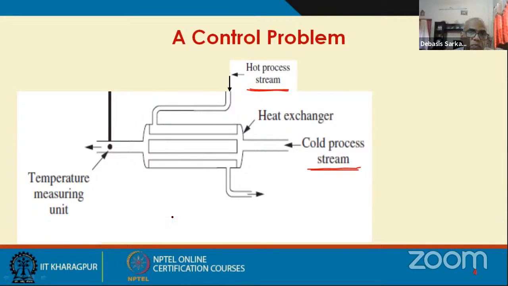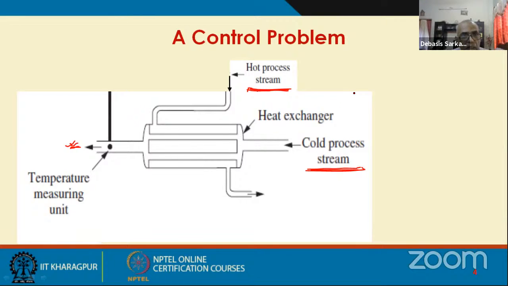All I want is to heat up this cold process stream to a given temperature. That means the cold process stream that comes out at the outlet of the heat exchanger must have the desired set temperature. And we plan to do that by controlling the flow rate of this hot process stream. So that's the control problem.